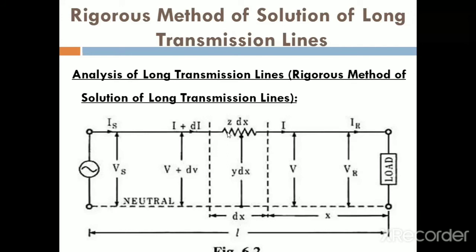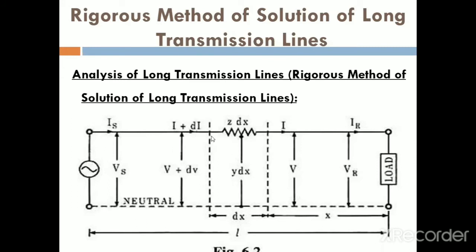Otherwise, calculating the uniformly distributed parameters is difficult. Normally, calculating the uniformly distributed parameters is very difficult in the case of a long transmission line, where the length of the line is very high. We have n number of resistances, n number of inductive reactances, n number of capacitive susceptances, and n number of conductances.